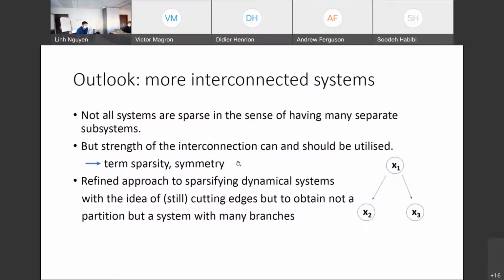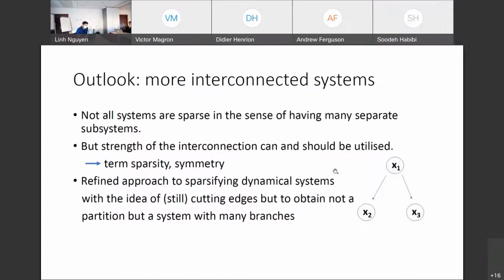Another concept that is complementary to sparsity is symmetry, and this shouldn't be mistaken with symmetry in the sparsity graph. Symmetry also takes into account how the interconnection looks. So when talking about symmetry, we cannot just forget how the interconnecting edge affects the system quantitatively.